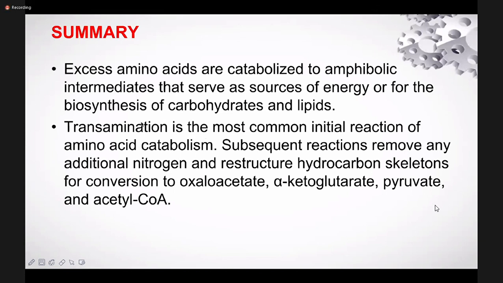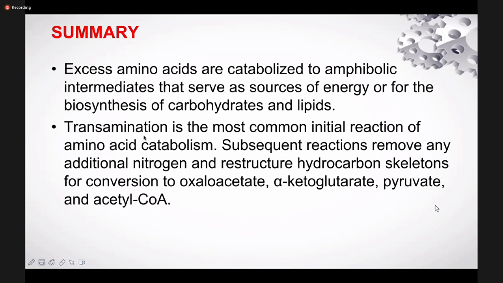So transamination is the most common initial reaction. We already know this, right? There are exceptions to this, amino acids that do not participate in transamination. So you have to know those 4 amino acids that do not participate in transamination.